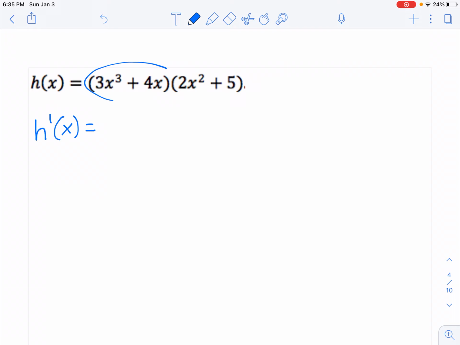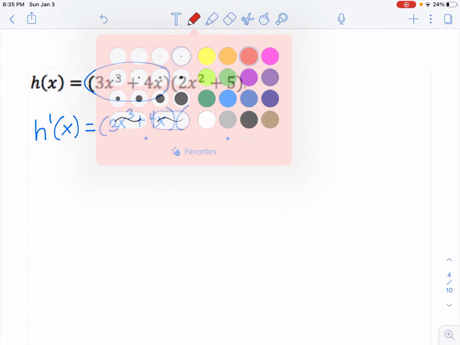So I'm going to take the first function and multiply it by the derivative of the second function.